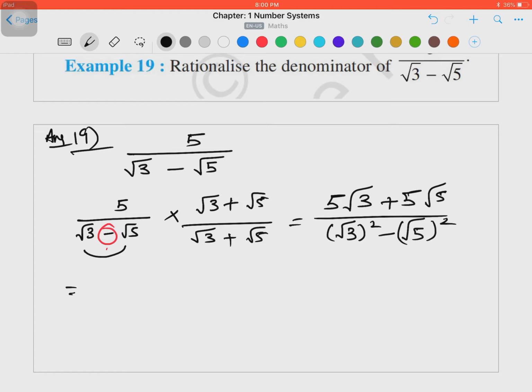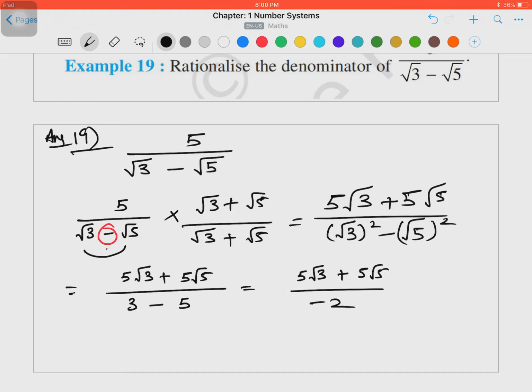So on the upper side we have 5 root 3 plus 5 root 5, divided by root 3 square will be 3 minus root 5 square will be 5. So this will be 5 root 3 plus 5 root 5 divided by minus 2.